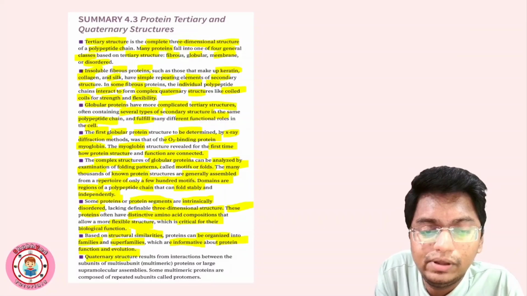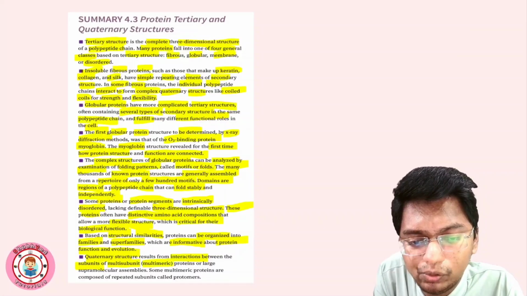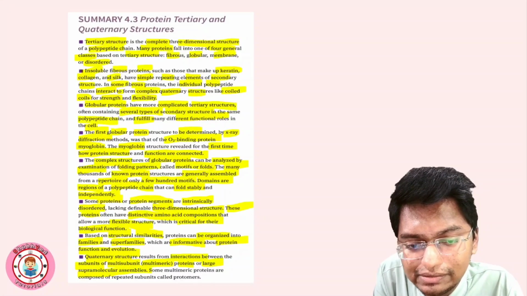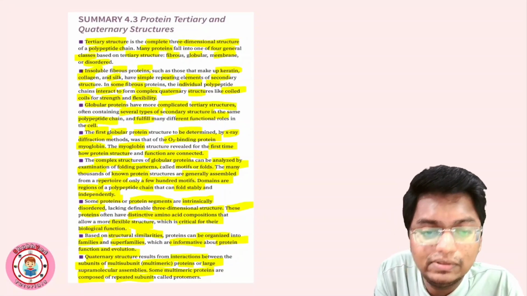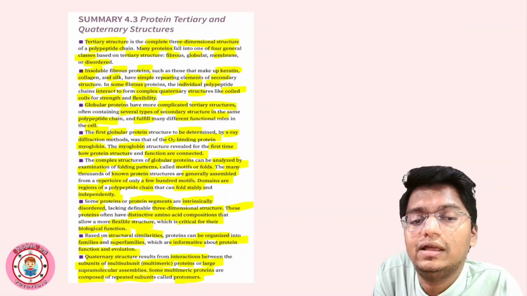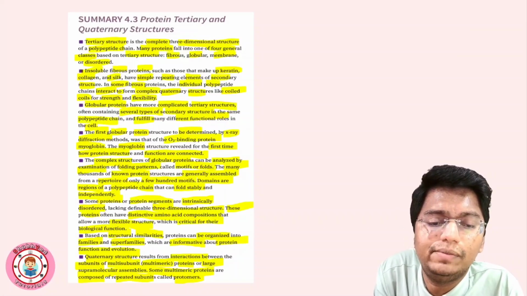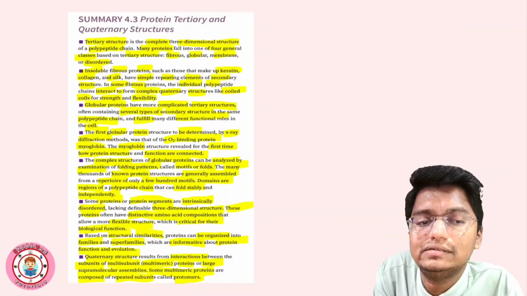Quaternary structure results from interaction between subunits of multi-subunit, that is multimeric, proteins, or large supramolecular assemblies. Some multimeric proteins are composed of repeated subunits. Okay, if repeated subunits, what do we call them? Protomers. Right, and if different, then multimers. Okay, multi-subunit complex. Right.